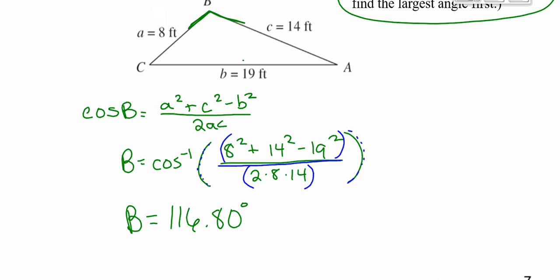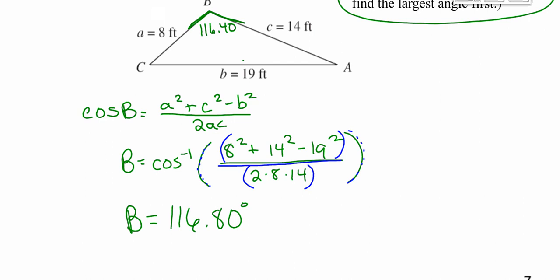Whatever you do is fine with me, but make sure that you show your work so that I can know, because sometimes things don't 100% add up to 180 degrees, and sometimes that is unavoidable. I will label this as 116.80 on there, and then I can defer to the law of sines just because it's a little easier typing in things like that.